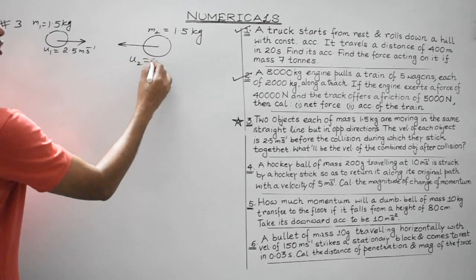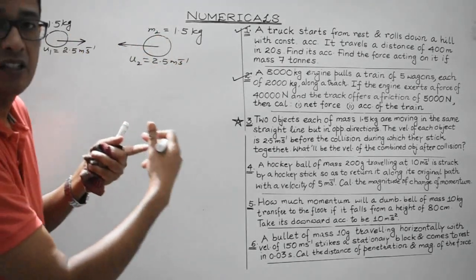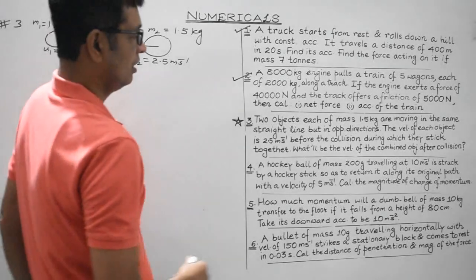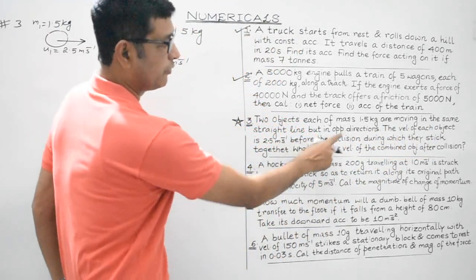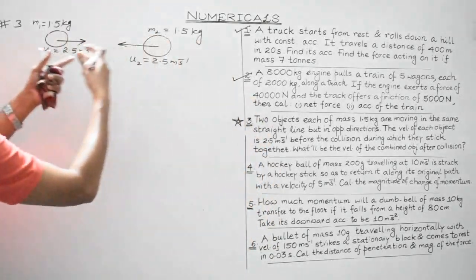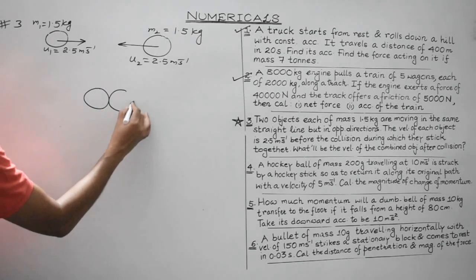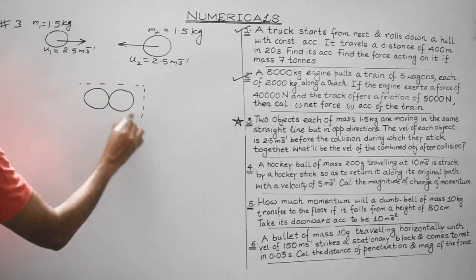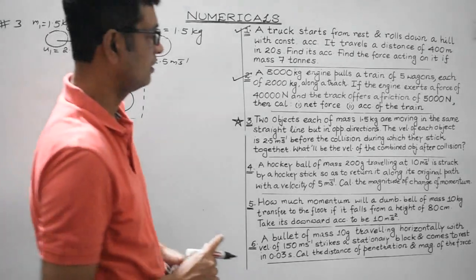Its velocity is also 2.5 meter per second, moving along the same straight line but in the opposite direction. The velocity of each object is 2.5 meter per second before the collision, during which they stick together. What happens is after collision, they tend to stick together like this. It means that they will act as a single body, right?